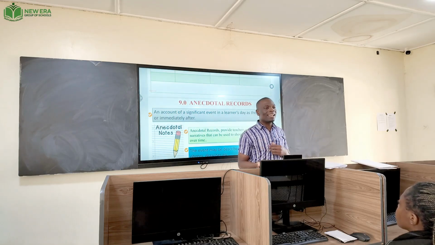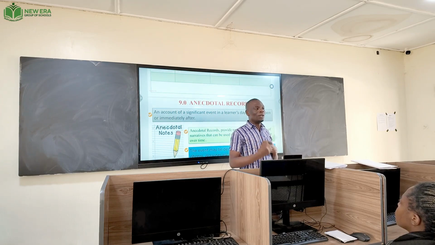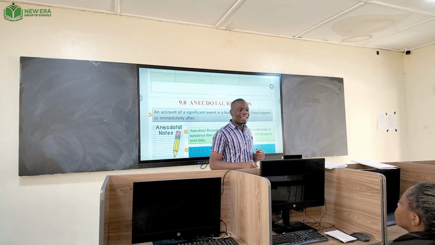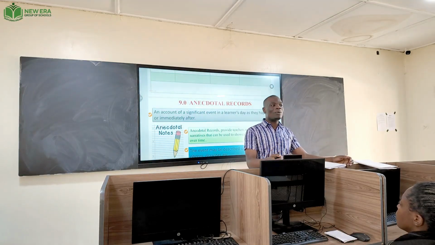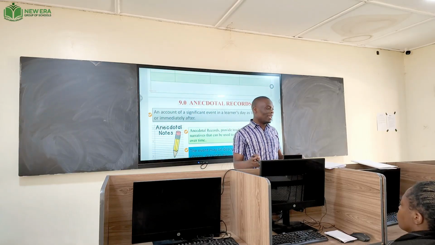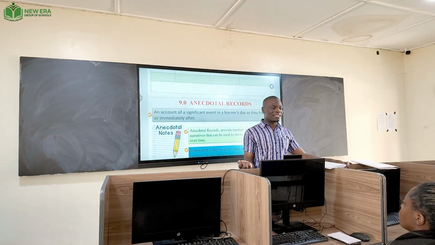Kirima was sharing something from a learner called Fatuma Abdinur. Fatuma Abdinur entered the computer lab. Now, as she entered the computer lab, she found that the desks were disorganized. They were just haphazardly placed.